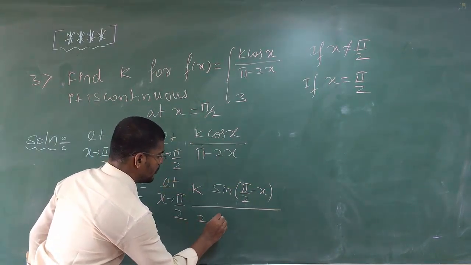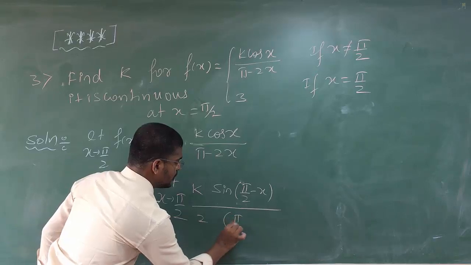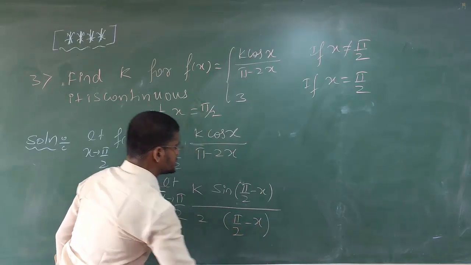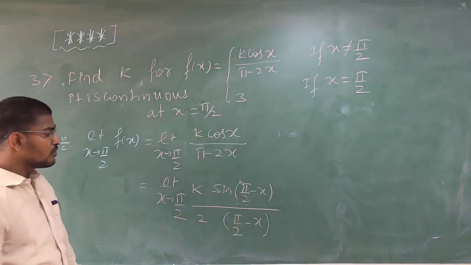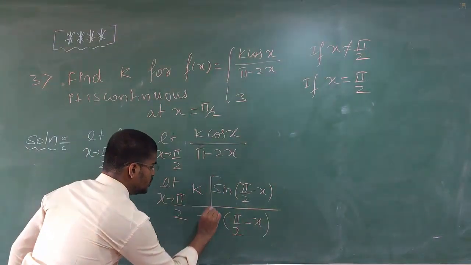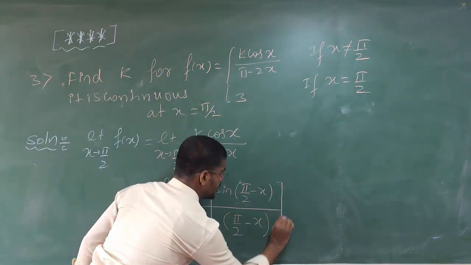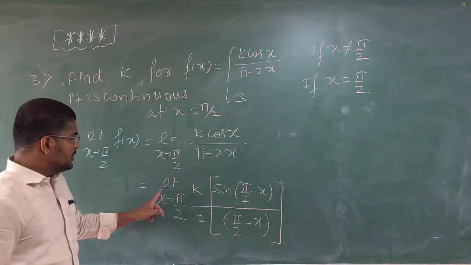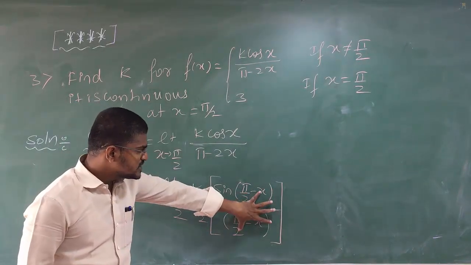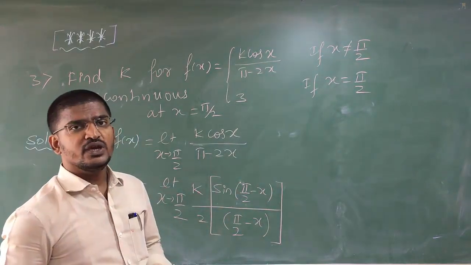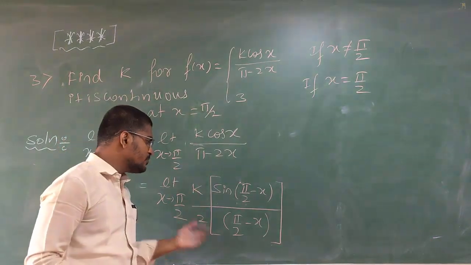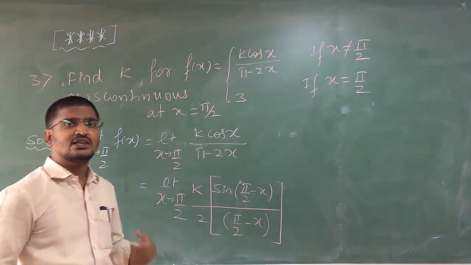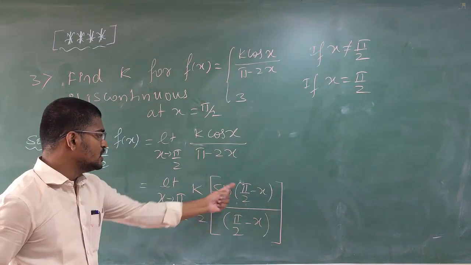If I take 2 common, it will be pi by 2 minus x over pi by 2 minus x. So you observe this. Limit as x tends to pi by 2. This term is what? We already solved this type of problem in limits of a function, in 11th class also. So this will be equal to 1.